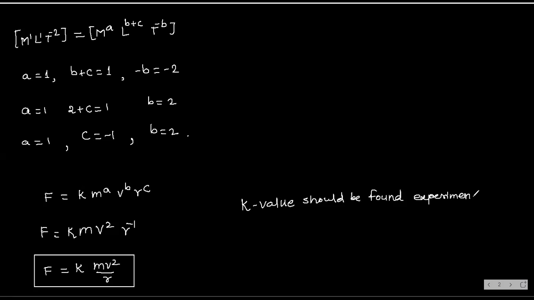In the dimension analysis, what we can say? Limitations I already told you. So don't bother about this case. So F is equal to M V square by R and into K, whatever it is, not an issue. Understood how to do? It is very, very easy. Okay, one more problem. Let's solve one more problem.